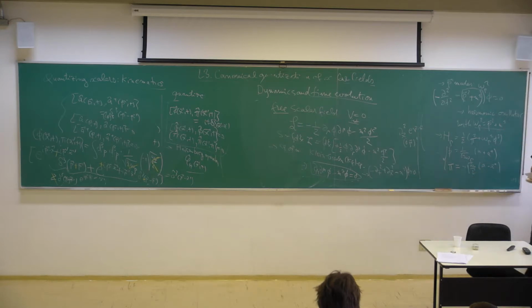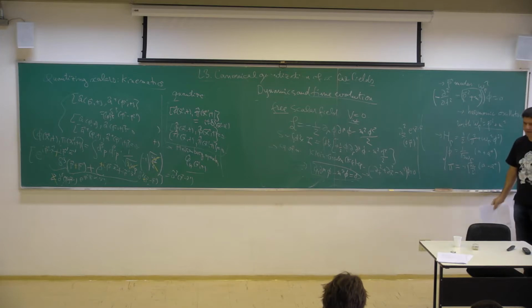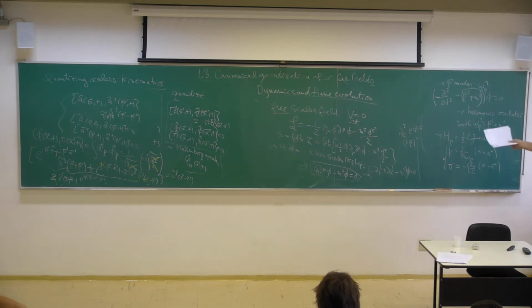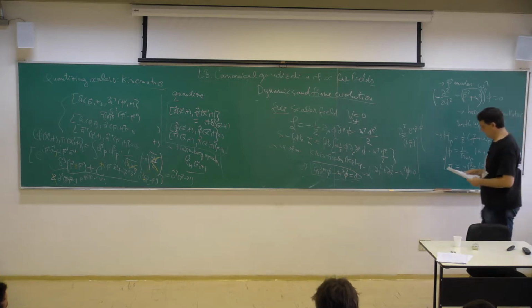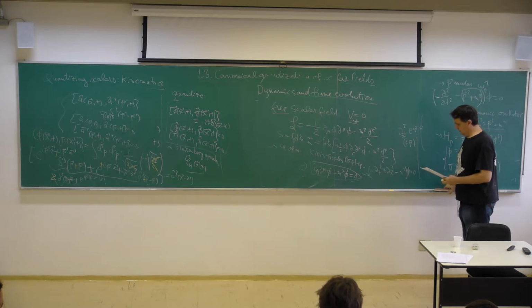Okay? So this justifies a posteriori what we did before. So we've seen that a free scalar field looks like a set of harmonic oscillators for which we do the usual transformations. All right.